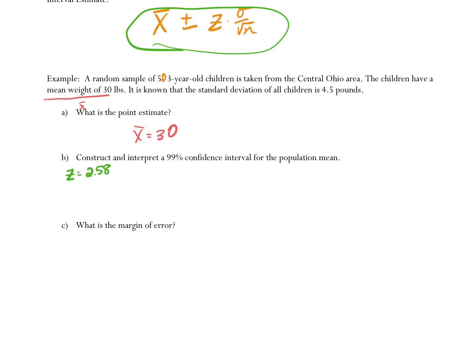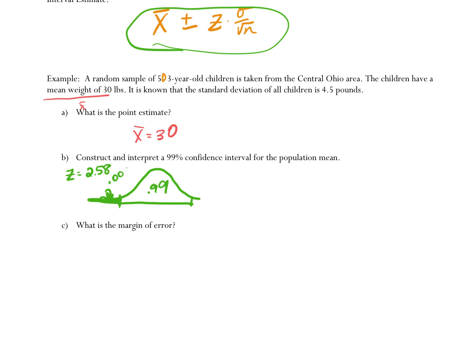2.58. You guys, at this point, do you feel comfortable finding that on your own, or do I need to take you through how to find that? Okay. 99% confidence interval means middle 99%. So then we say, well, what is this tail? In this case, the two tails need to add to 1%, 0.01, so you cut that in half.